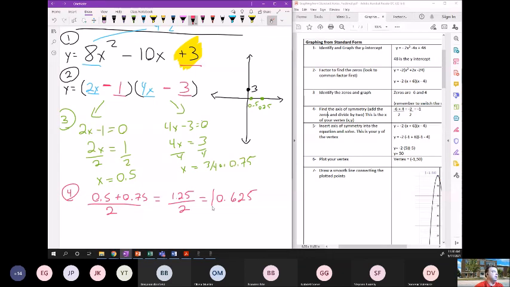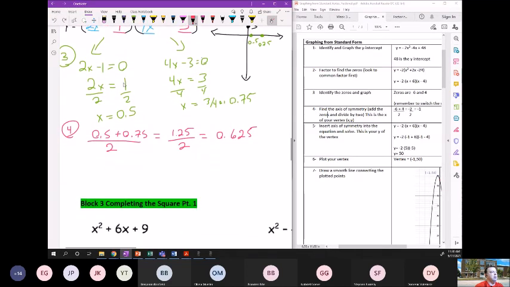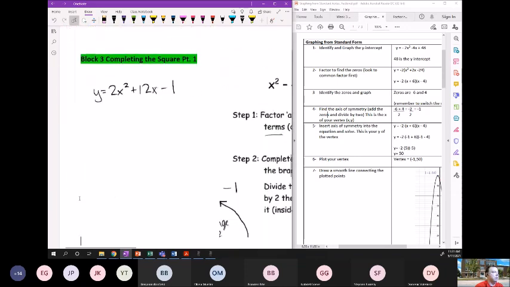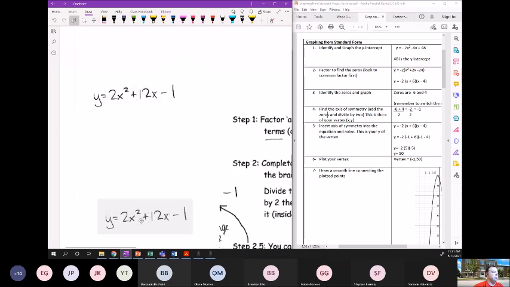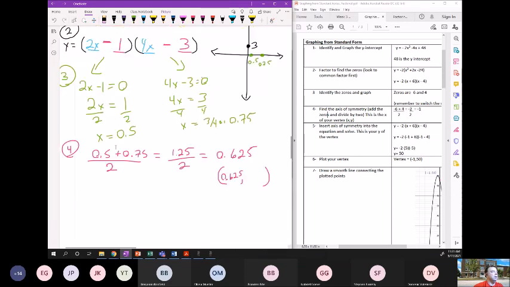So that there is our axis of symmetry. I apologize for the messy numbers, but they're not actually that bad. You can do it with messy numbers, you can do it with any number. All right. Let's move this guy down.